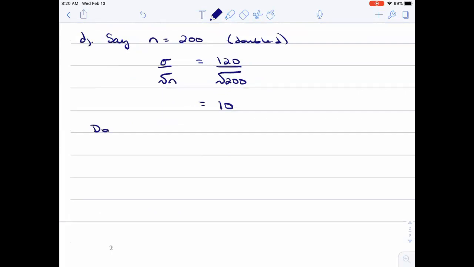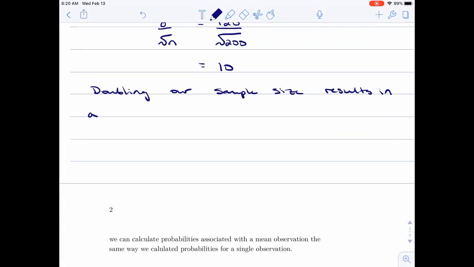So doubling our sample size results in a decrease of 2 units in the standard error.